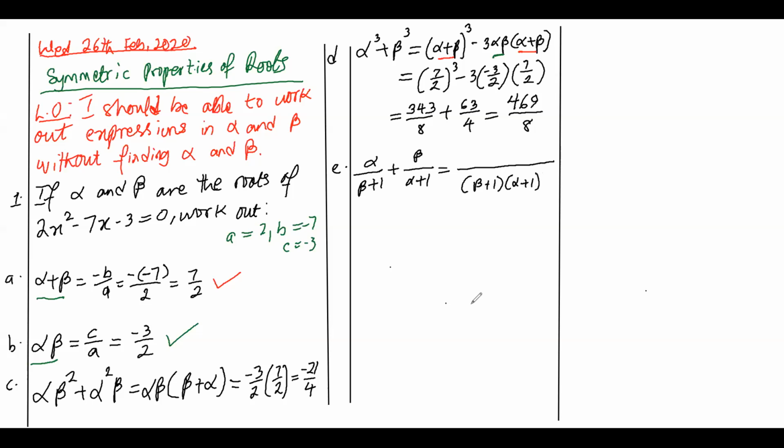That would be the LCM, yes? So the first part will be alpha times alpha plus 1. Then we have beta, beta plus 1. Does everybody get this? Yes. Who doesn't understand this? Say something. Elsin, say something now. Don't say something when I'm in step 11 and tell me you don't understand what we are doing.